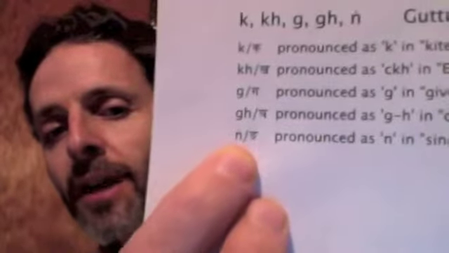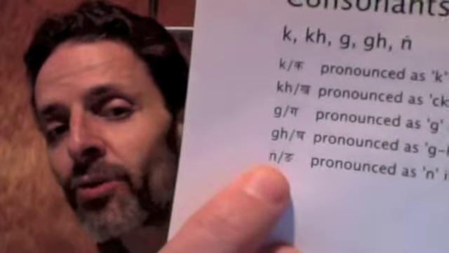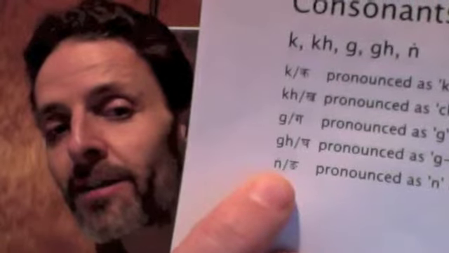The last one in the gutturals group is the nasal guttural, which is written with a diacritical mark on it. Notice it has a dot on top of the letter N, and it's pronounced ṅ. That changes the sound. So it's not pronounced like the English letter N because it has a dot on top of it.